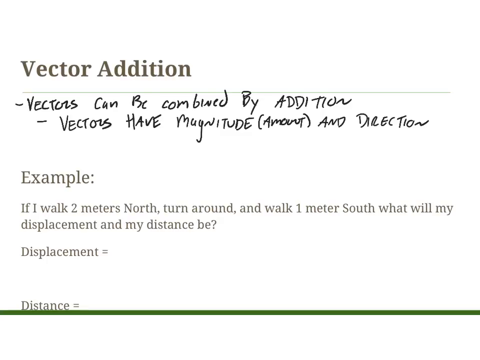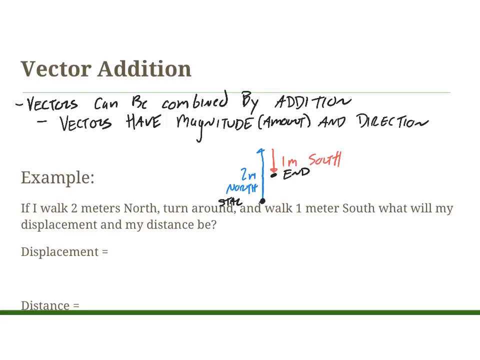So I want to give you an example of how we could use vector addition. For example, if I were to walk 2 meters north, and then I turned around and I came back 1 meter south. Well, my displacement would simply be the actual distance that I ended up going from my start to my end.